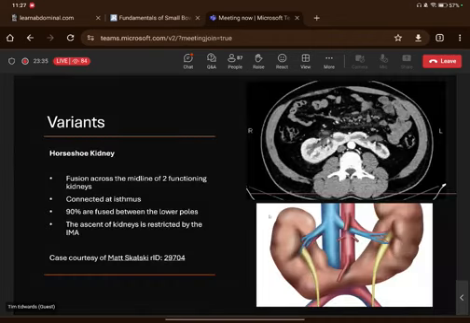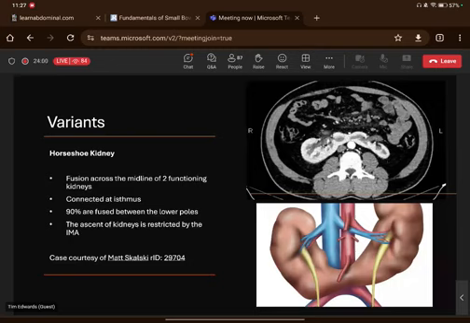So in terms of variants of the kidney, there's so many variants, but I've just included ones that I think are more likely to be tested and that you're more likely to need to know. So the first one is the horseshoe kidney, which I'm sure you've all heard of before. This is a fusion in the midline of two kidneys which are functioning.